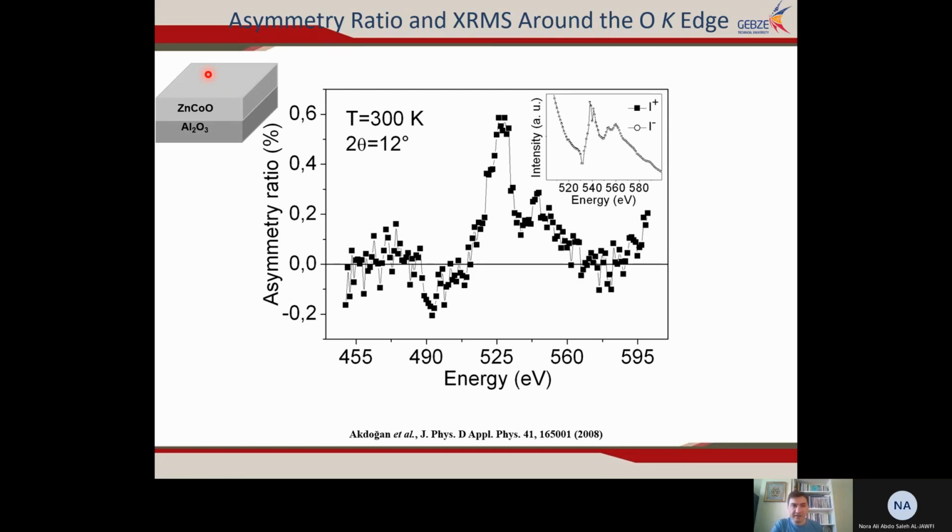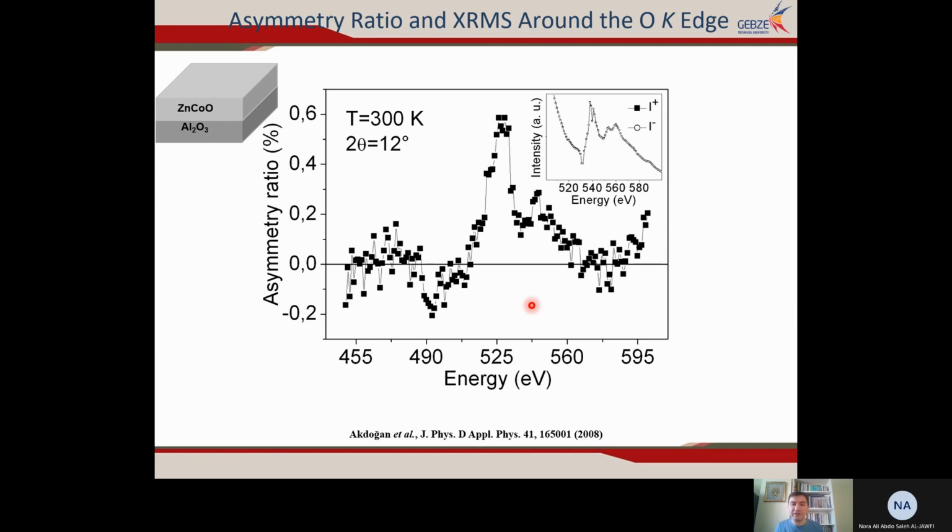The reason is that when the cobalt sits on the zinc oxide lattice and makes bonding with oxygen, we have cobalt oxide bonding, and due to this bonding, cobalt affects the oxygen P levels, and the P levels of the oxygen split, so oxygen also exhibits a magnetic signal.